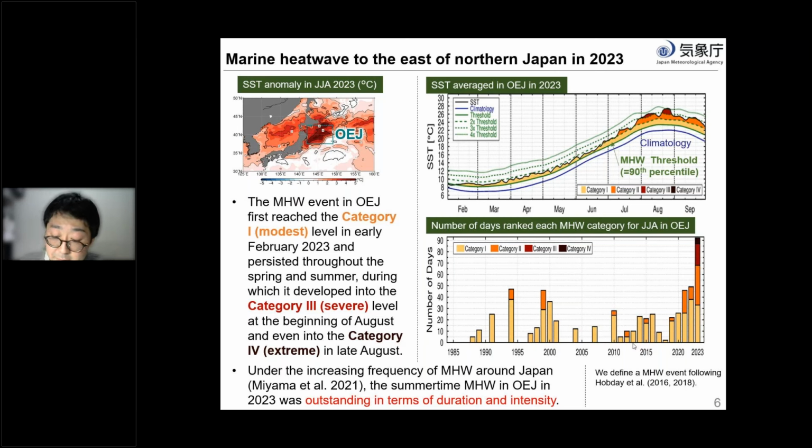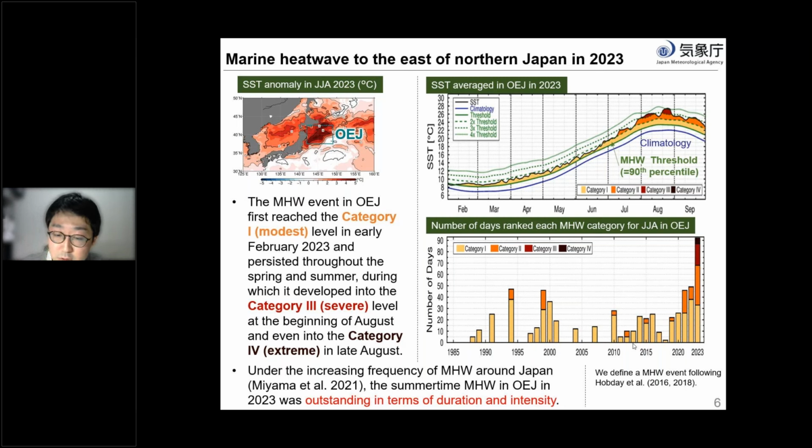So the marine heat wave event in OEJ first reached the category 1 or moderate level in early February 2023 and persisted throughout the spring and summer. It developed into category 3 and even into category 4 in August.